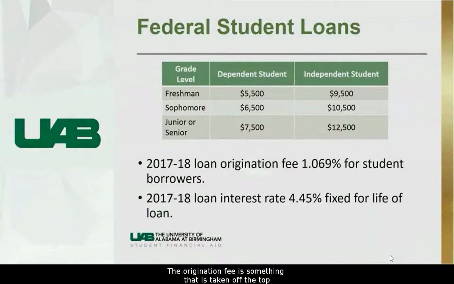The origination fee is something that is taken off of the top of the loan before UAB ever gets the money, and it's used to help fund the cost of managing the student loan program. The interest rate for the 17-18 school year is a fixed interest rate. It's 4.45%. That is fixed for the life of the loan, so it's not going to change, although for 18-19, the interest rate on any loan obtained during that year would be different.